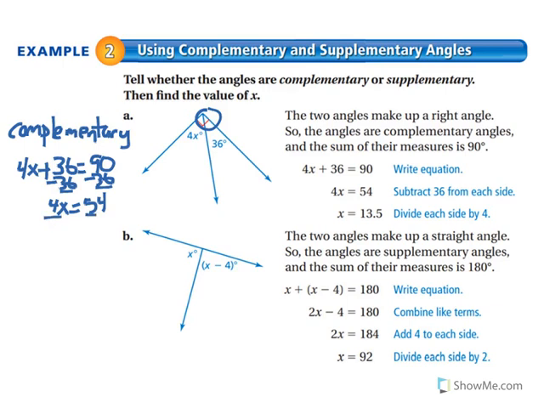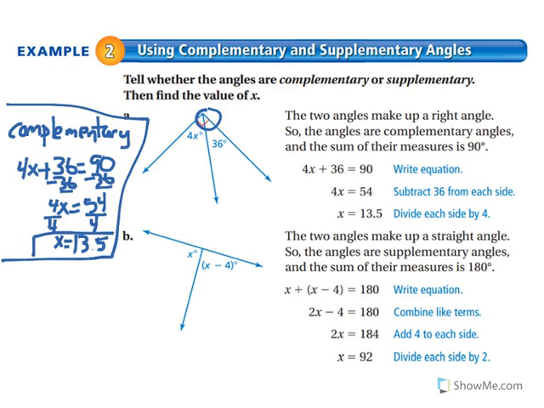And I divide them both by 4. I get x equals 13.5. There's our first one.